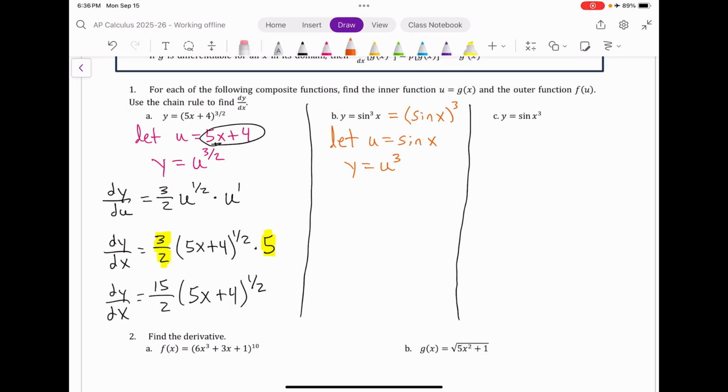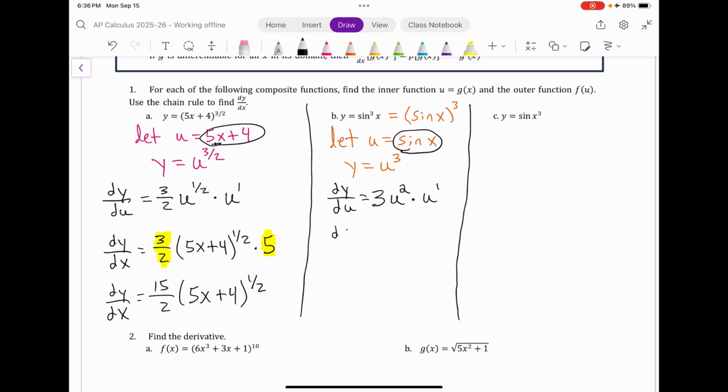Now if we take the derivative of y with respect to u, applying the power rule, it'd be 3u squared, and then the chain rule, because what's the derivative of the inside function? It would be cosine x. Or I didn't mean to write that yet because we're still writing it in terms of u, so it would just be times u prime.